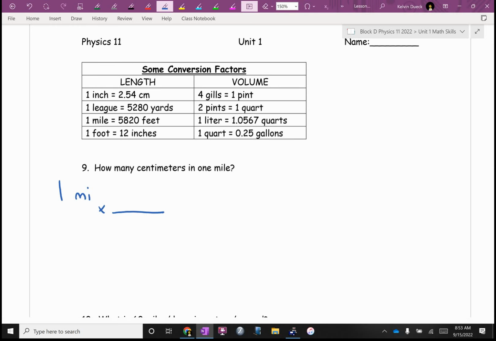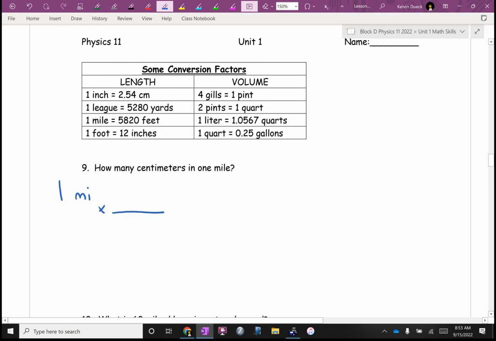All right, Colton, talk to me. What am I going to write on the bottom of this fraction? I know you're zoning out back there. I want to get rid of miles, so where is it going to go? Where's it going to go in my fraction? Why? Because right now miles is on the, looking for what? Yep. You with me?